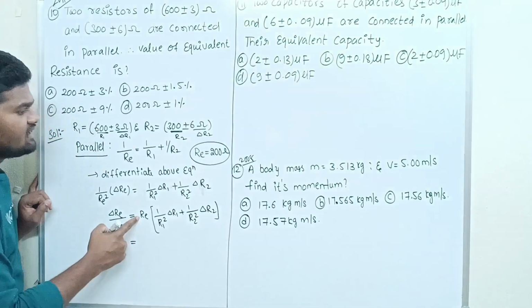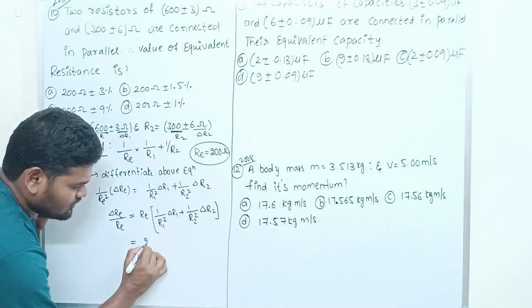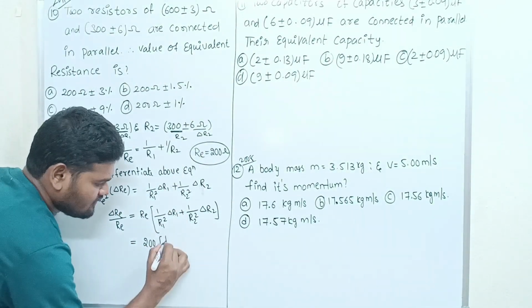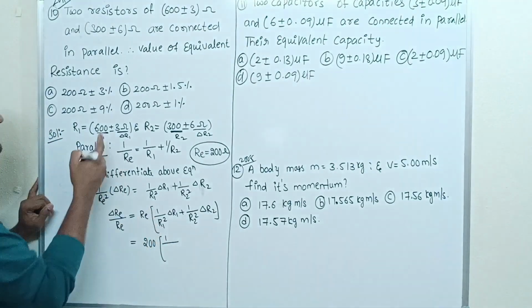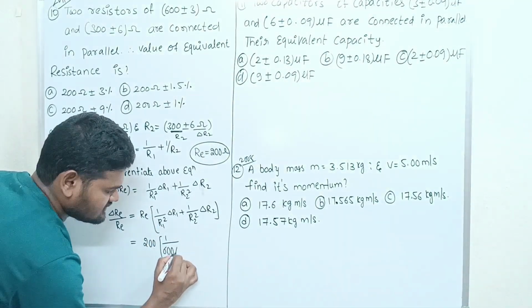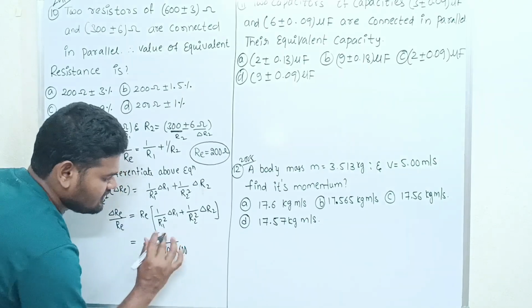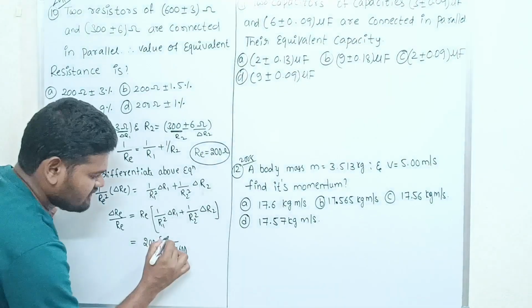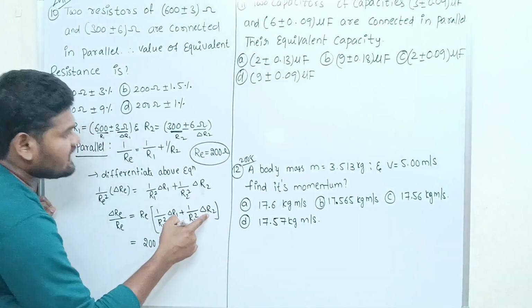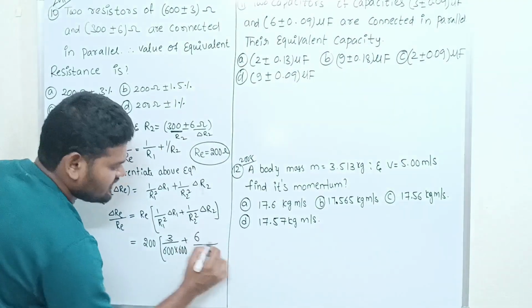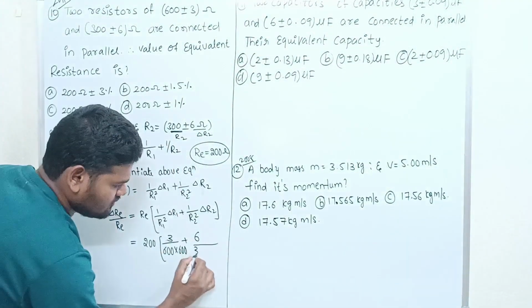What is Re? The R equivalent value is 200, into 1 by R1 square, R1 is 600, so 600 into 600, and delta R1 is 3, plus delta R2 is 6 divided by R2 square, 300 into 300.